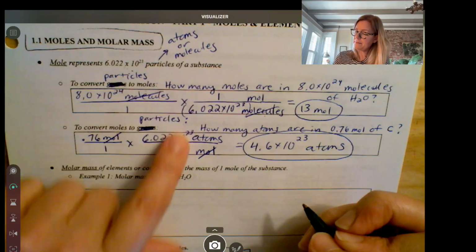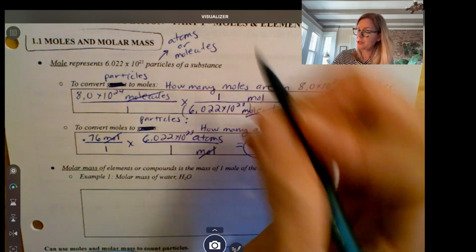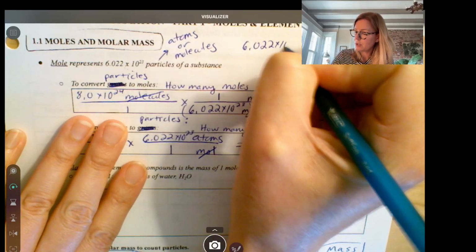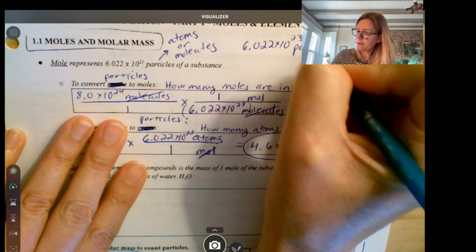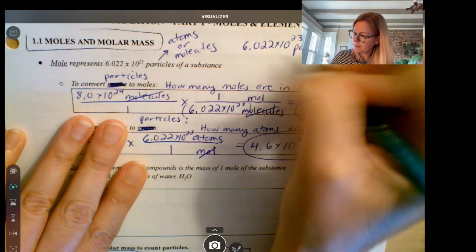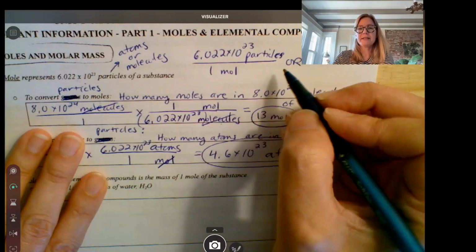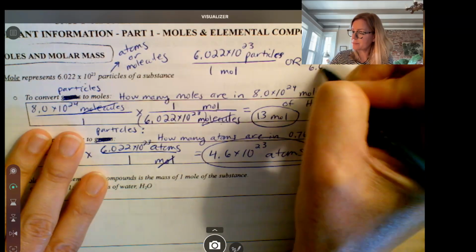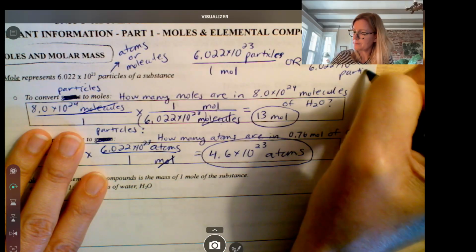And just keep in mind that Avogadro's number is the number of particles in a mole. So you can either make the conversion factor 6.022 times 10 to the 23rd particles for every 1 mole, or you can think of it as 1 mole for every 6.022 times 10 to the 23rd particles.